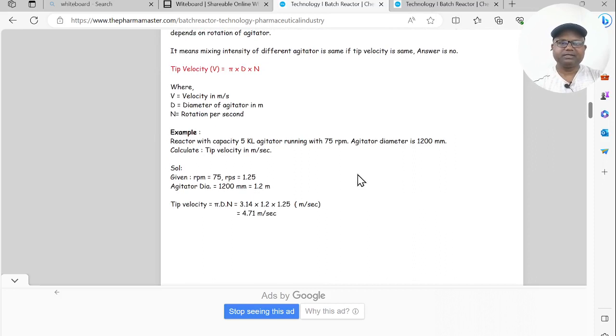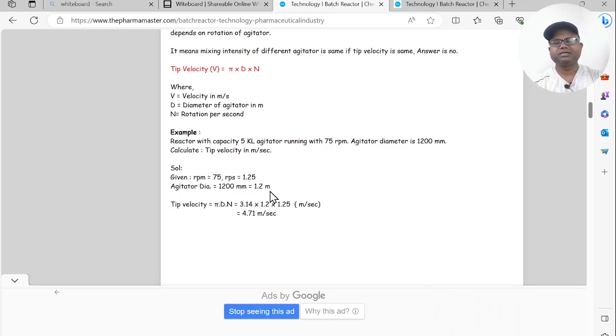Now what is given? Given is 75 rpm, so we have to convert it into rps. How is it converted? 75 divided by 60 gives the result in rps, that is 1.25. You can calculate as well. The agitator diameter is 1200 mm.